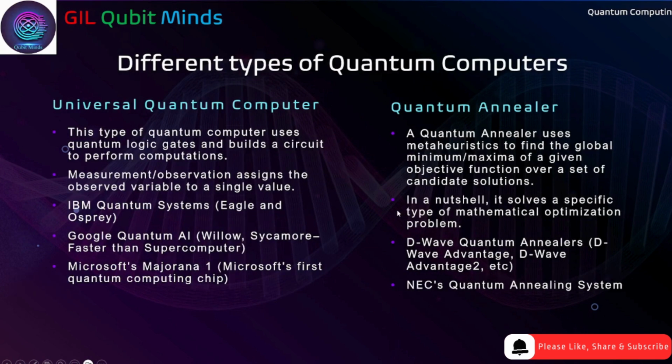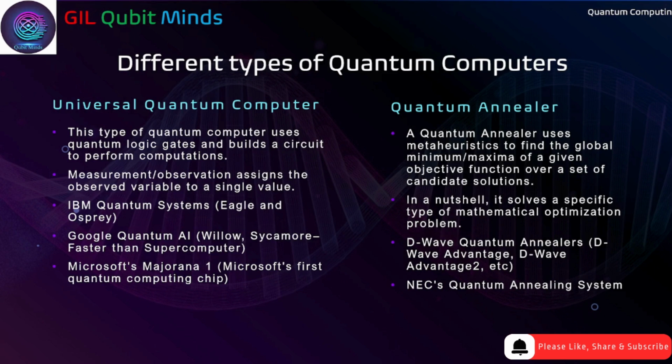Well, now we'll see what are the different types of quantum computers. There is the universal quantum computer, and there is another, the quantum annealer. The universal quantum computer uses quantum logic gates and builds a circuit to perform the computation.